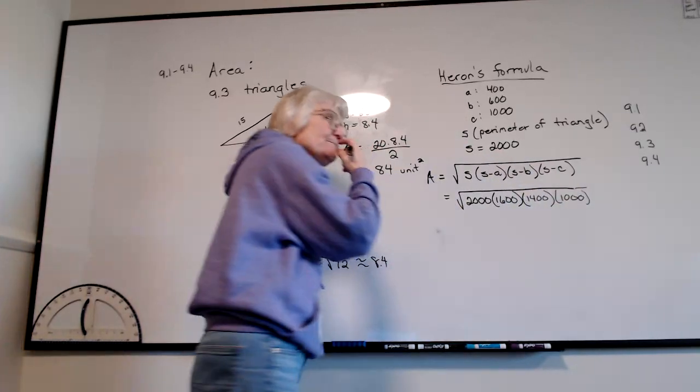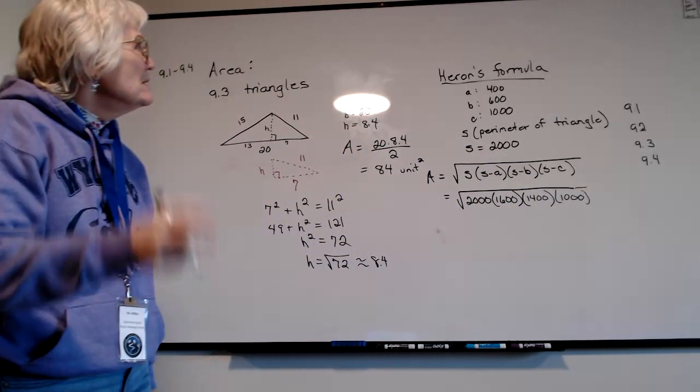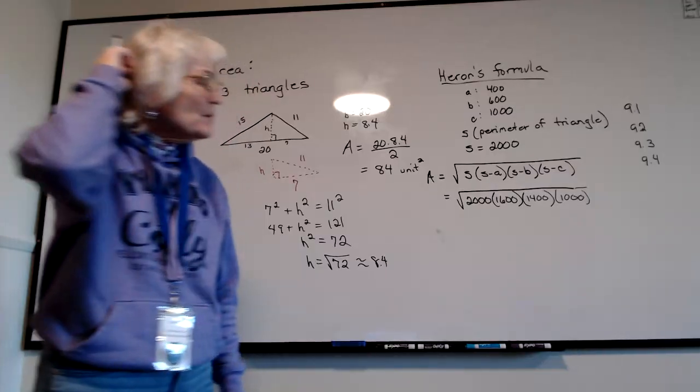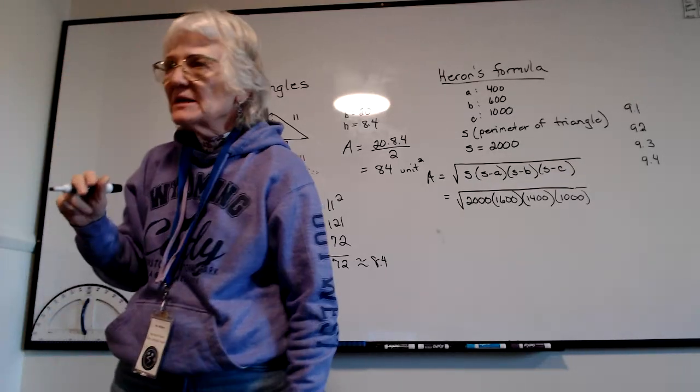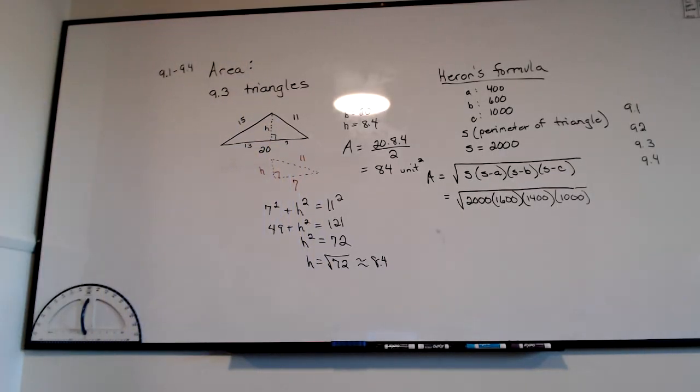If we multiply all those together, somebody get their calculator out. Multiply 2,000, 1,600, 1,400, 1,000, and then take the square root of that.